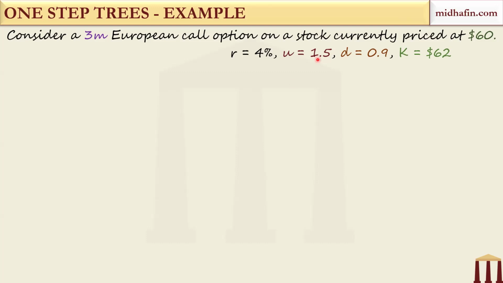So the first step is just to see what will be SU and SD. Since S naught is 60, SU will be equal to S naught multiplied by U, which is 90. SD is equal to 54. Now, tell me, if the stock price goes up to 90, what will be Fu, the payoff from the option? 28.